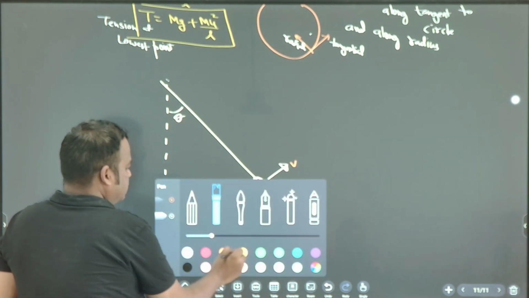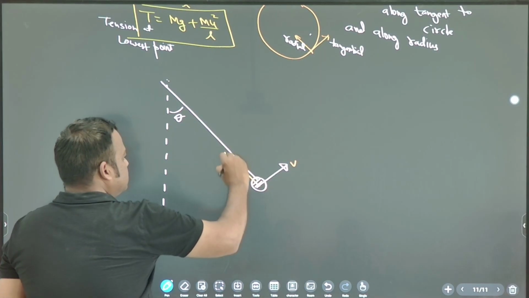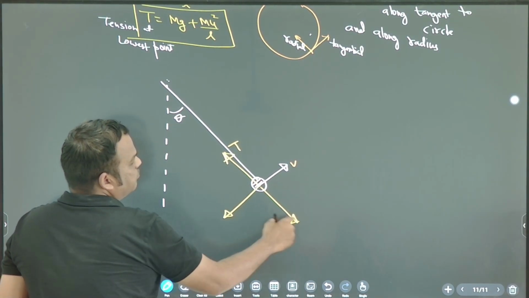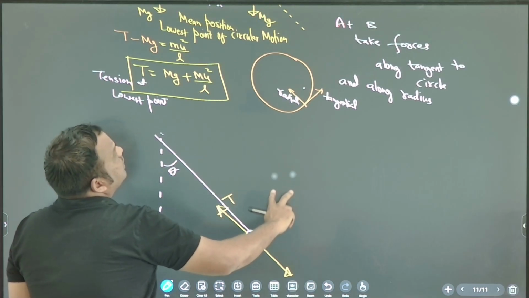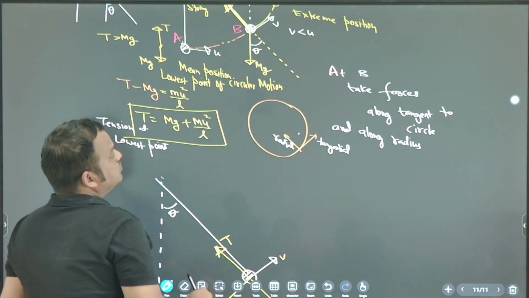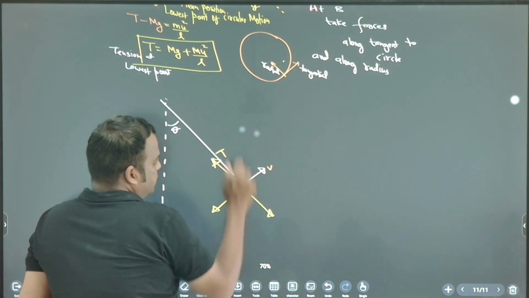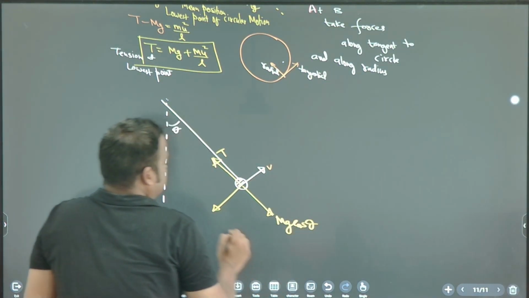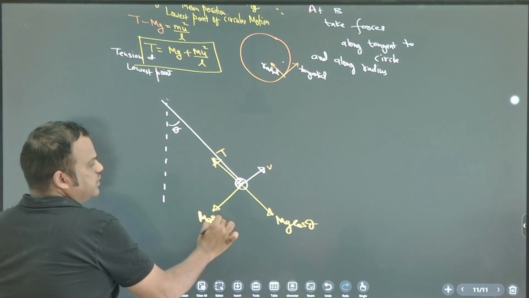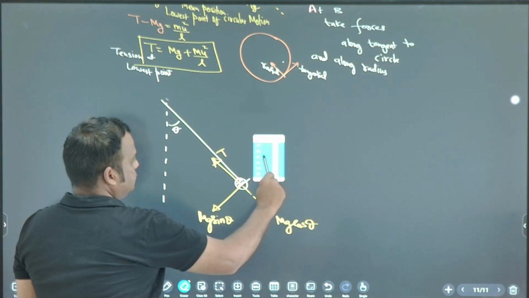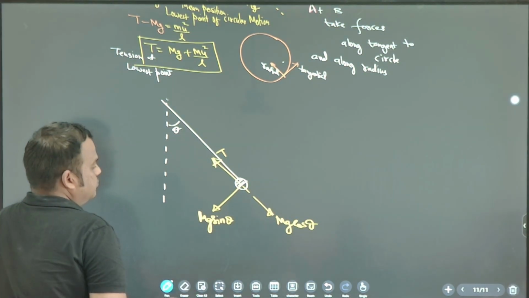Now the forces: this is tension. What is the mg component here, cos or sine? Cos. Good. So this is mg cos theta, and this is mg sin theta. Correct? Note down.